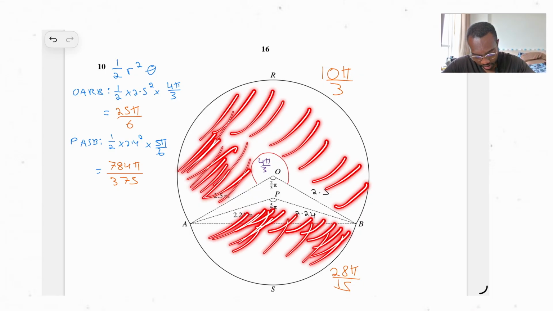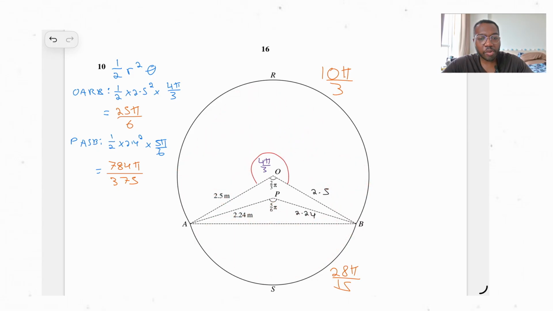But as you can see, if you look at the quadrilateral OAPB, we have not worked that out yet. So how do we work that out? Well, in the previous question, we actually worked it out. Remember in the previous question, we had to work out the area of the triangles and take them away from each other. And by effectively doing that, we actually worked out the area of this without even realizing, which was 1.45. So we actually know the area of everything.